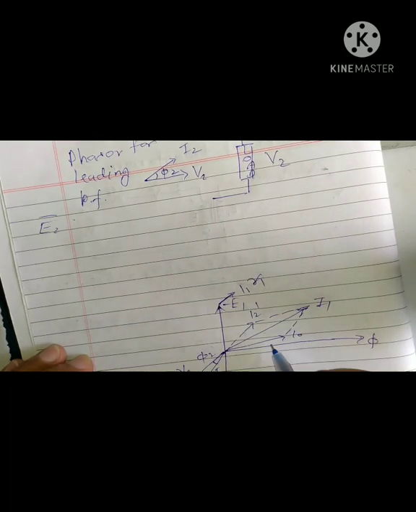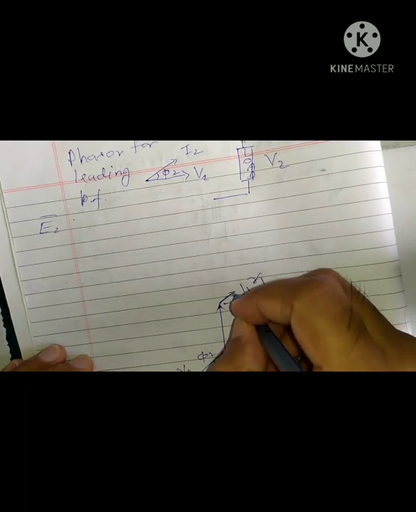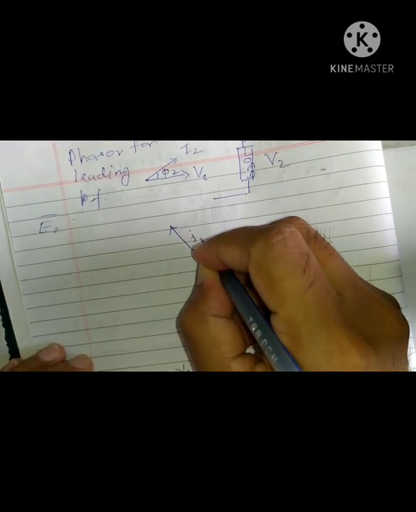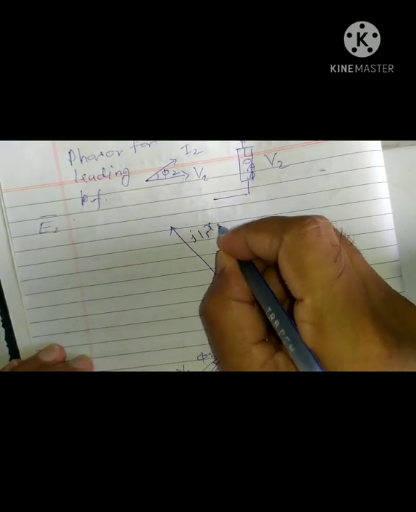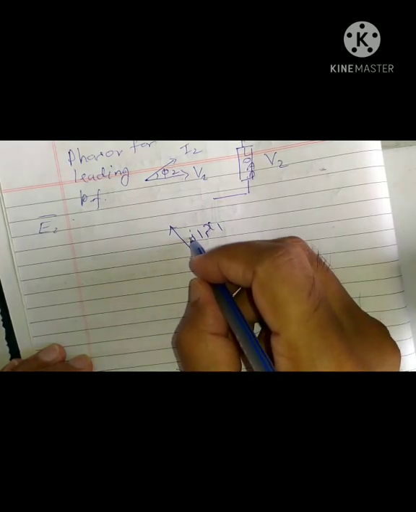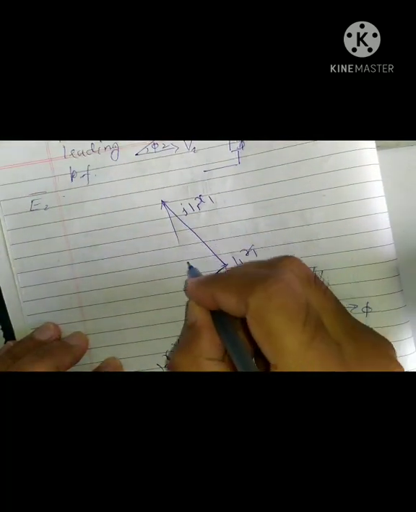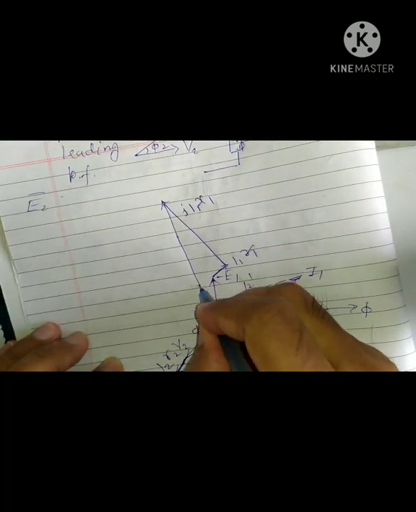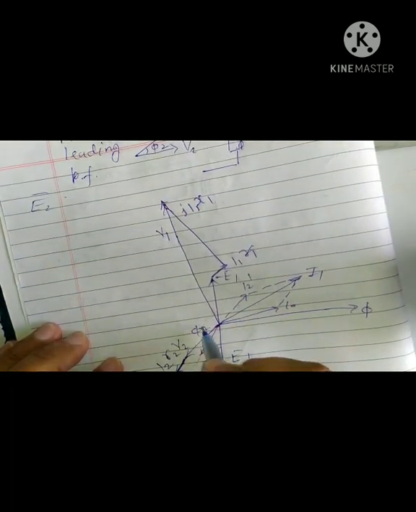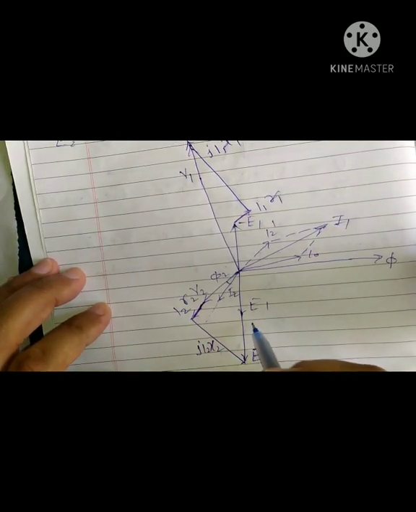That means I1R1 is in phase with I1, and I1X1 will be leading it by 90 degrees. So J I1X1, and we know minus E1 plus I1R1 plus J I1X1 is nothing but V1. So V1 is obtained. So this is the phasor for leading power factor.